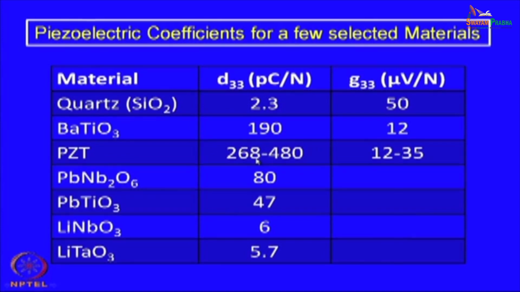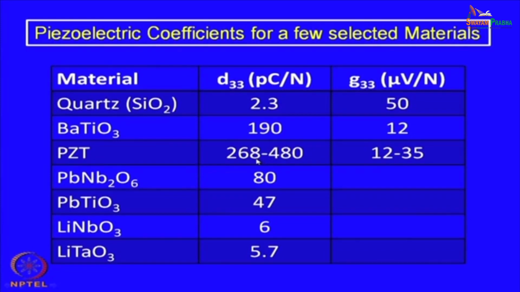It can vary with composition, with the kind of impurities it contains, and additional dopants you add. So, depending on that, although we are just talking about PZT here, actually it has many variations, and the composition may vary from different percentages of lead zirconate and lead titanate, and also one can add different intentional impurities.